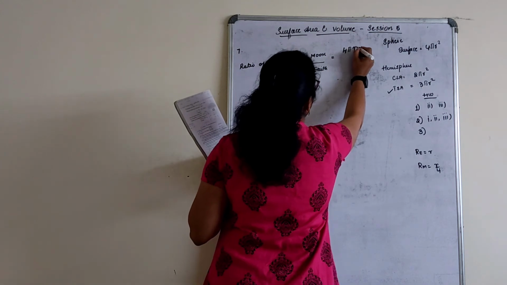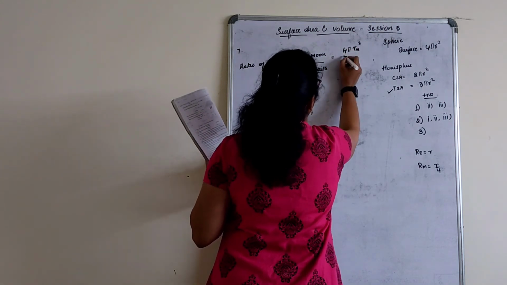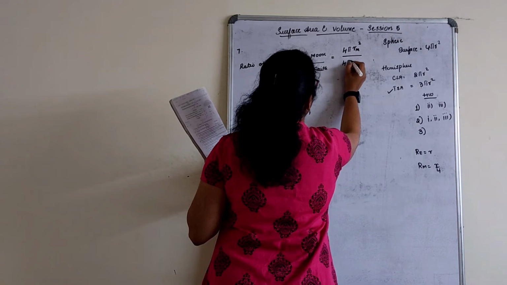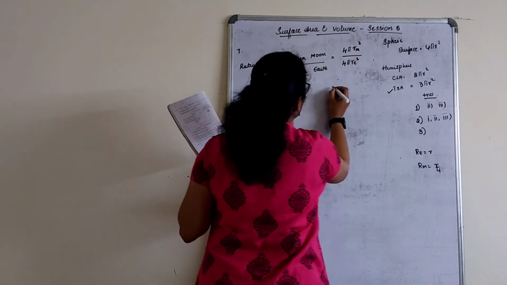So it is r of moon. No, I will write here. So 4 pi r of earth whole square.